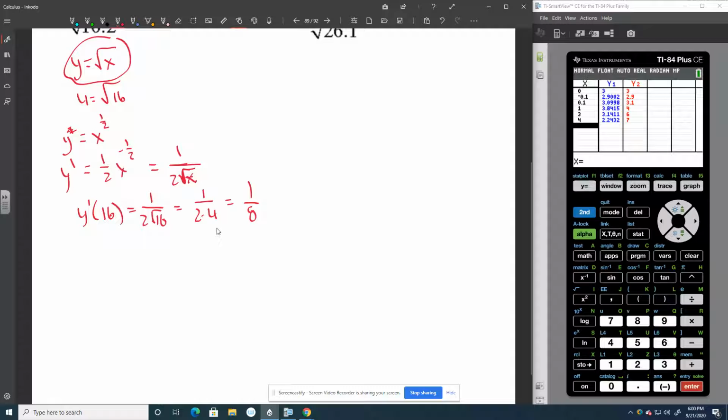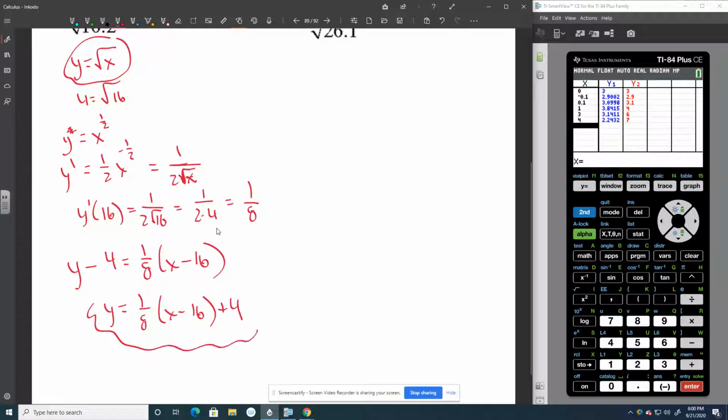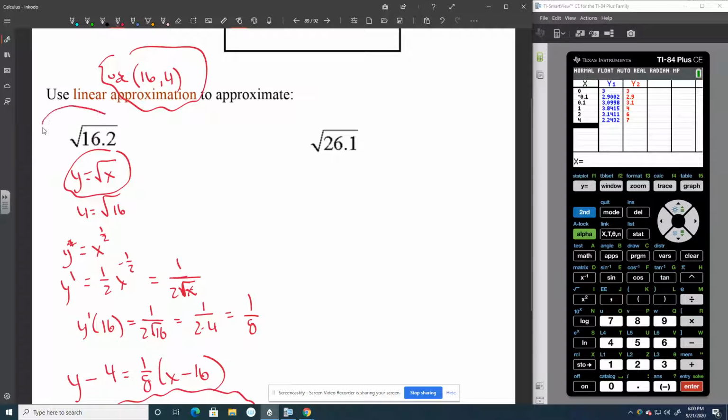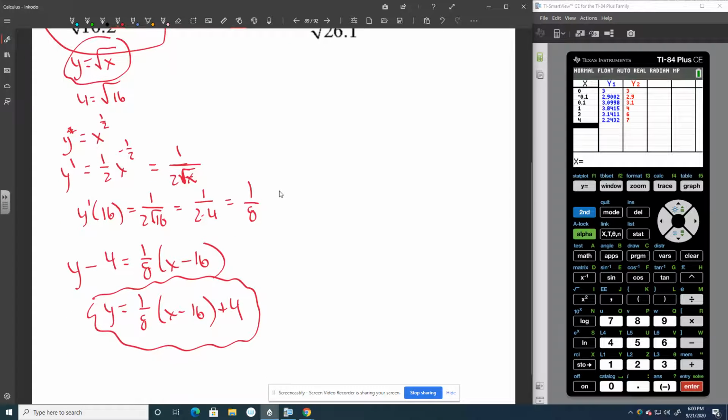So I use y minus my y1, which was 4, equals 1/8 times x minus my input, which was 16. Basically y equals 1/8 x minus 16, plus 4. This is the tangent line I'm going to use to approximate 16.2.